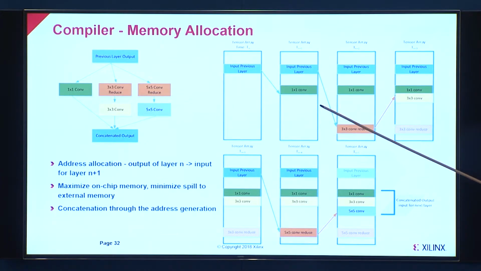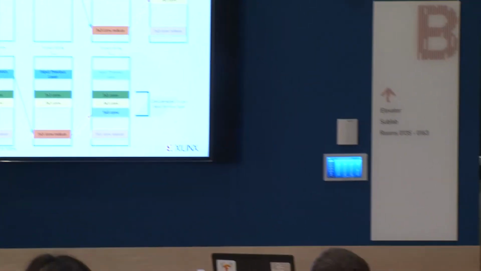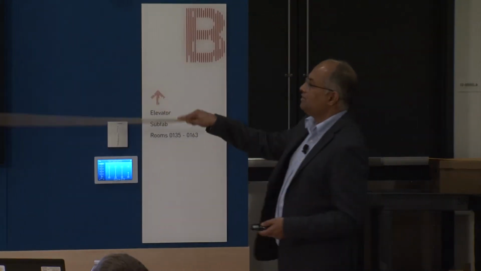It can start with 1 by 1, and then 3 by 3, which is the next, can use the result of 1 by 1, will give you the results over here, and so on and so forth. The big thing is that whenever you can fit your activation in on-chip memory, it gives you the best latency. And this is an example of a real compilation for GoogleNet V1.